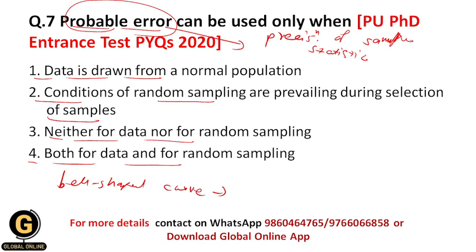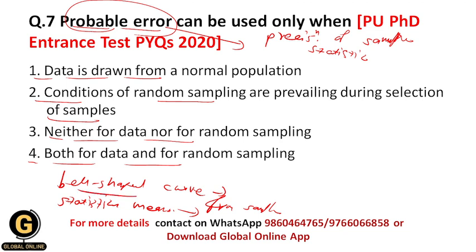Okay, and as well probable error is computed when the statistical measure is taken from a sample. Whenever this statistical measure is taken from the sample, then in that condition we can use the probable error, and as well the data should have a bell-shaped curve.